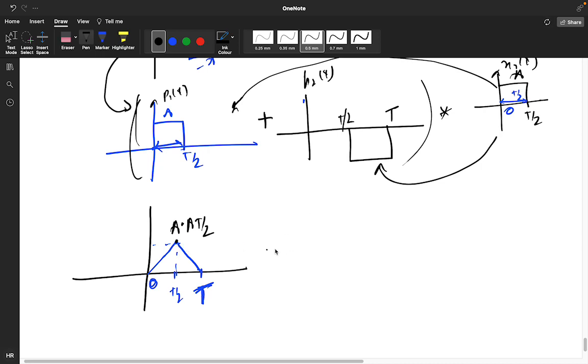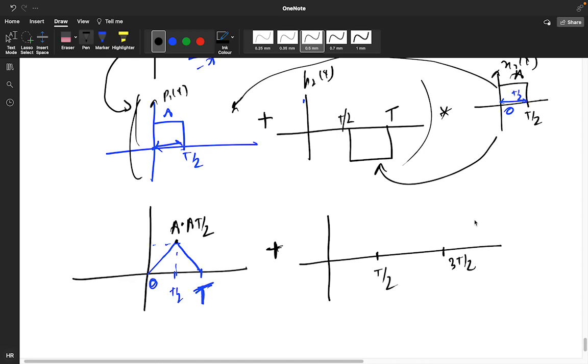Okay, now we are doing the convolution with this. So t by 2 plus 0, it will start from t by 2, and t plus t by 2, it will go up to 3t by 2, right? 3t by 2. T by 2 plus 0, t by 2.